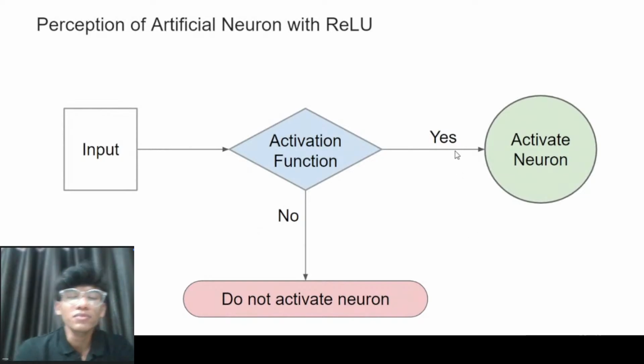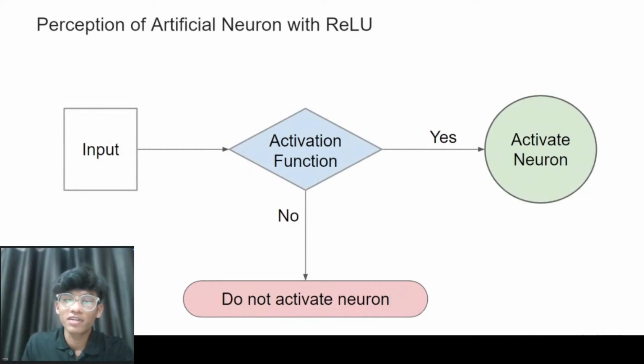Now, the perceptron, an artificial neuron with ReLU. As we have studied, the activation function of a neuron acts like a threshold or a condition to check whether to activate a neuron or not. It is very similar to the if-then statement you have commonly used while programming.